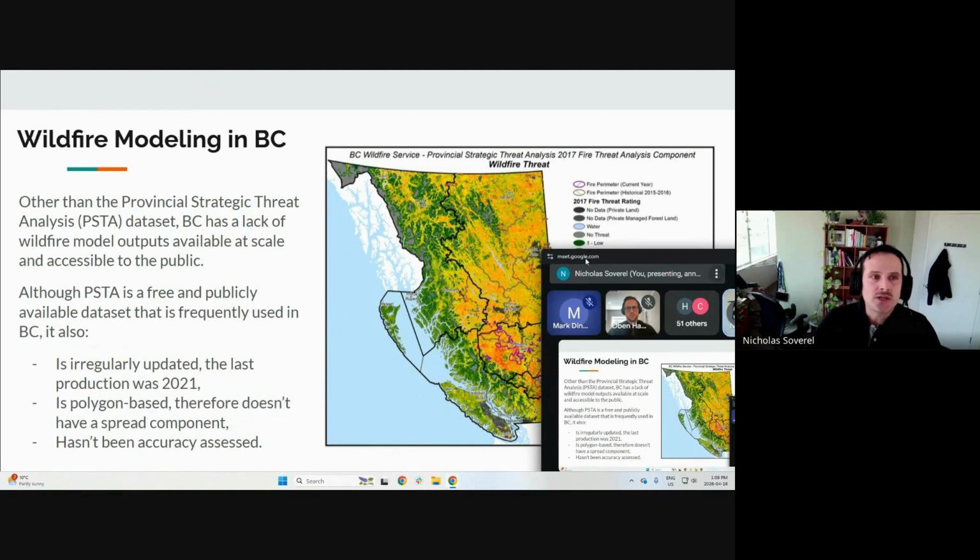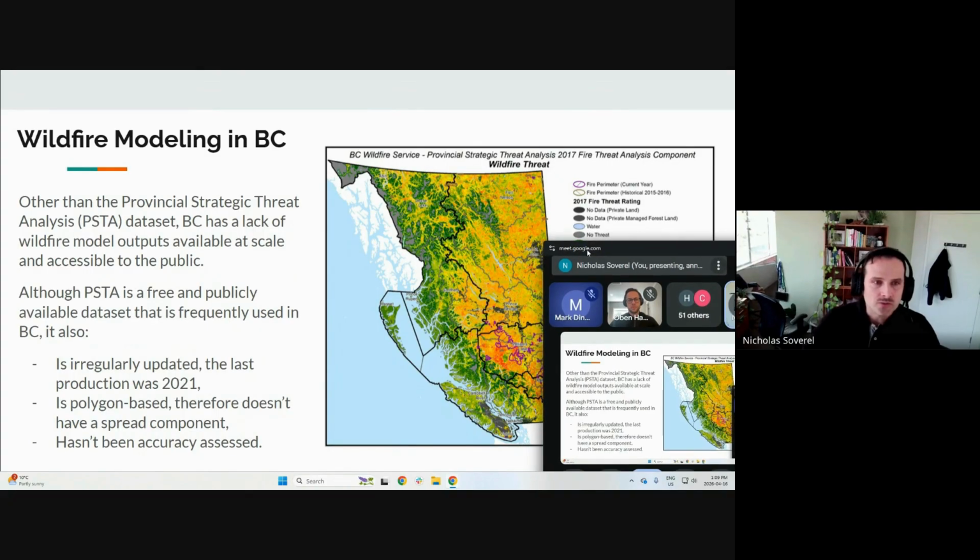I'll just touch on wildfire modeling in British Columbia, a really quick recent history. The Provincial Strategic Threat Analysis Dataset is and has been one of our primary fire model outputs for British Columbia, and essentially there aren't other publicly available datasets at the provincial scale.